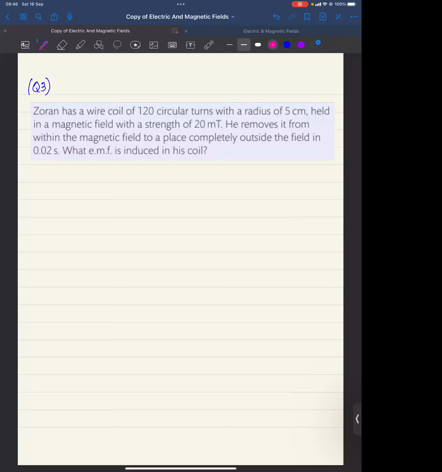Anyway, you won't be able to see that, so I will read it. Zoran has a wire coil of 120 circular turns with a radius of 5 centimeters, held in a magnetic field with a strength of 20 millitesla.